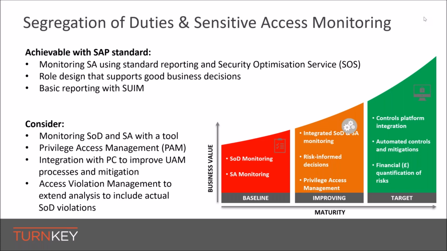So where those segregation of duties conflicts have occurred, and it goes right down to the detail of whether somebody has actually executed a transaction to create a vendor that they have then subsequently paid, the exact same vendor. So within the standard GRC tool, you can see whether someone's created a vendor and paid a vendor, but you can't see which vendor that was. Access Violation Management will allow you to do that, to really go to that detail.